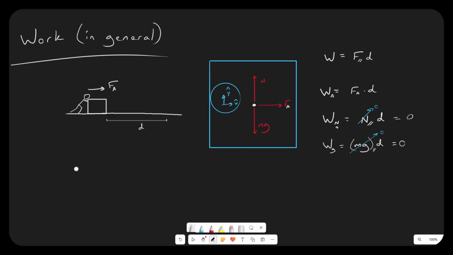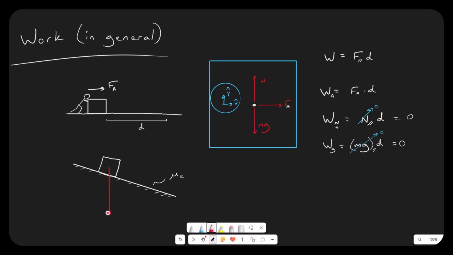If I had my same box and I were moving it, even just letting it slide down a hill, let me throw some friction in here. Kinetic. I would draw my forces, right?